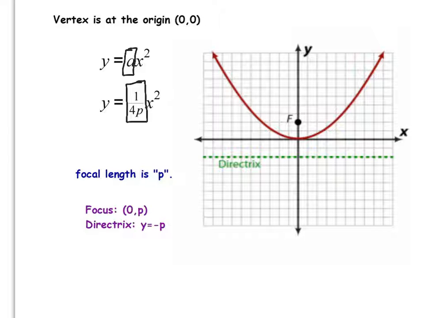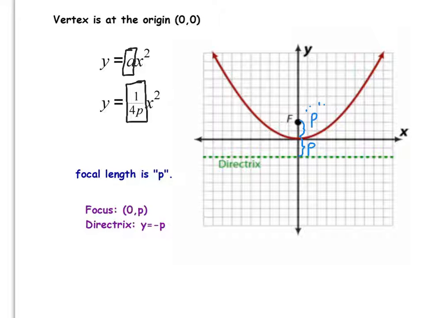So if I come over here to the graph, this distance from the vertex to the focus, we call that the focal length, p. And just like in the slide before, this distance is also p.